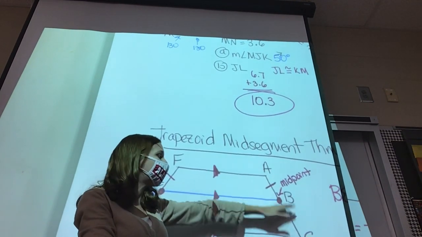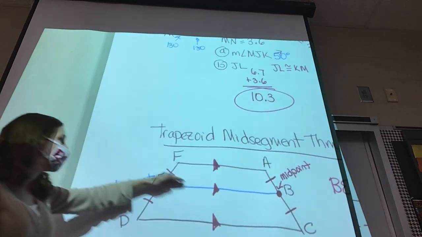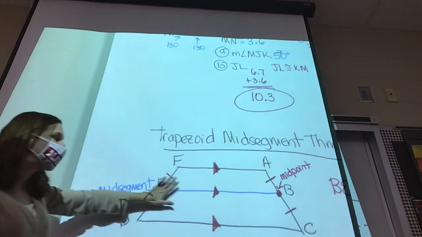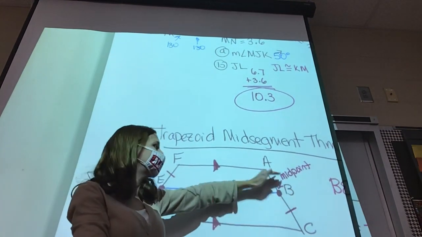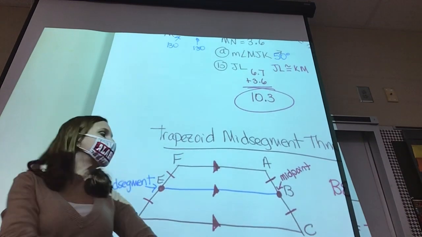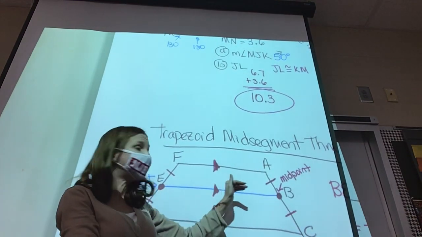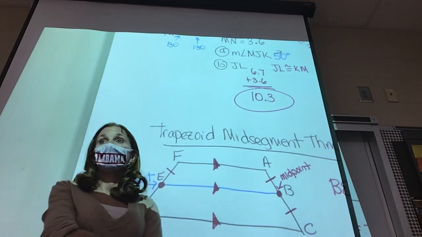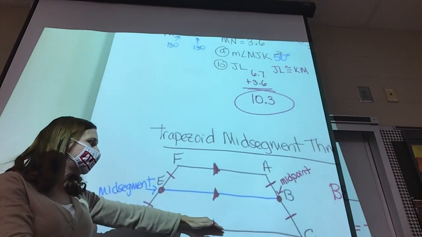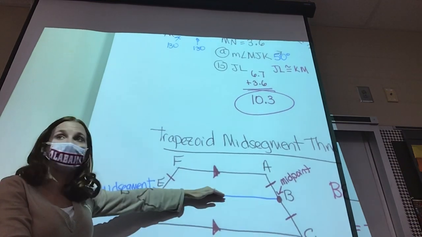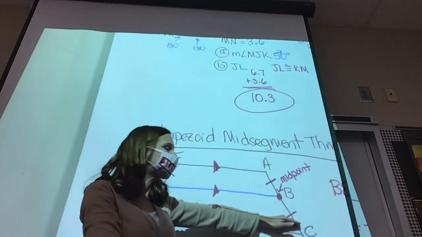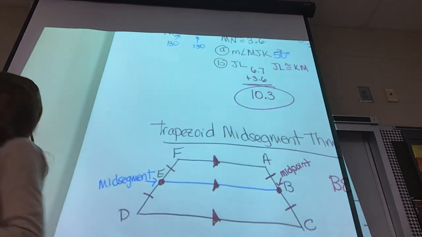So this top part is now going to be equal to this part, and this part is now going to be equal to this part. I'm not saying this is equal to this. That's all it's doing, because a midpoint cuts that line in half. So you have to add these two and divide by two to get this. And when it touches the side, it has automatically cut these two in half.